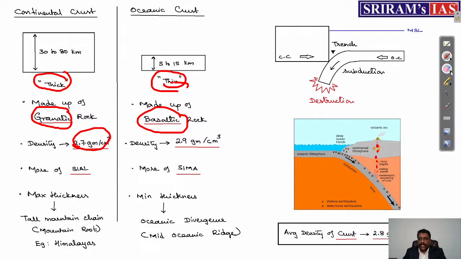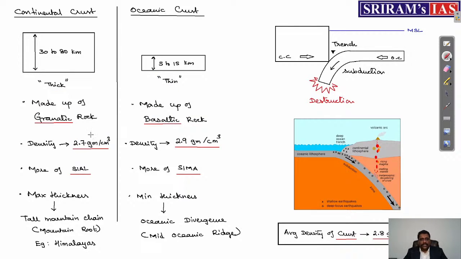And one more difference, my dear friends, let me tell you, this continental crust, generally they say it is more of Sial, whereas oceanic crust is more of Sima. Because later we'll understand that the entire oceanic crust today is made out of the magma that has come to the ocean floor from the mantle.